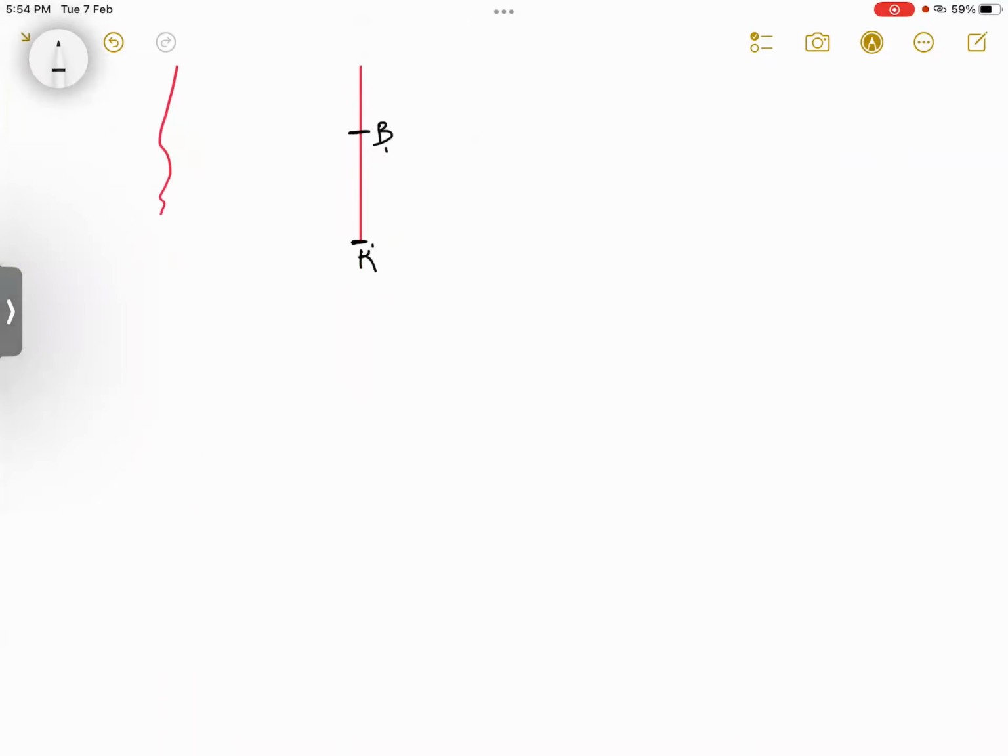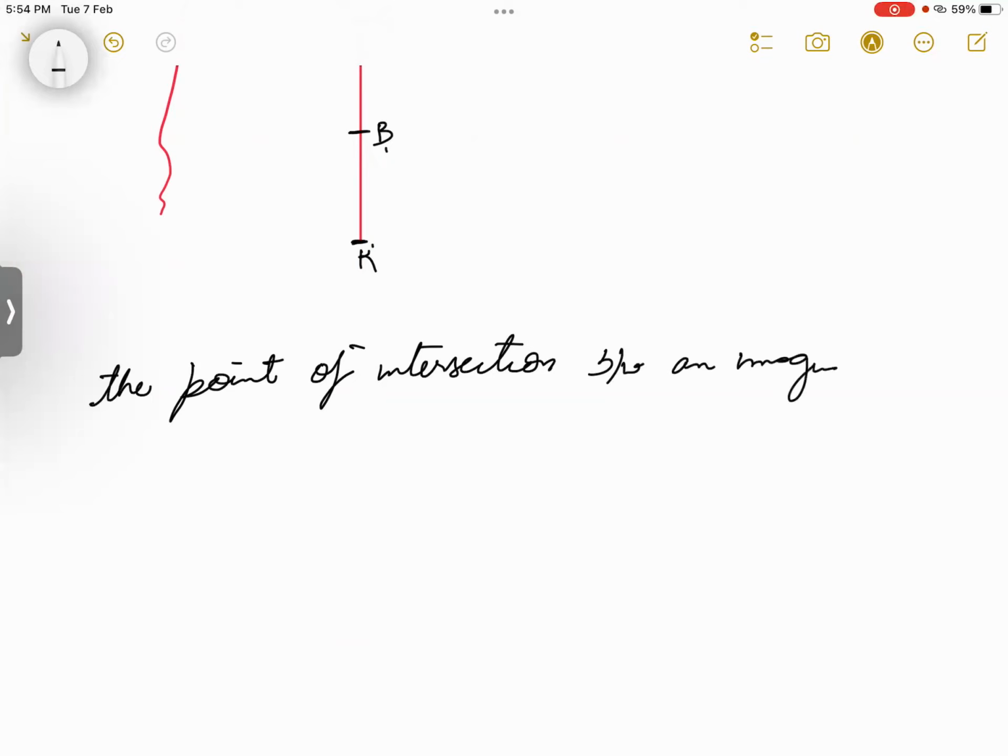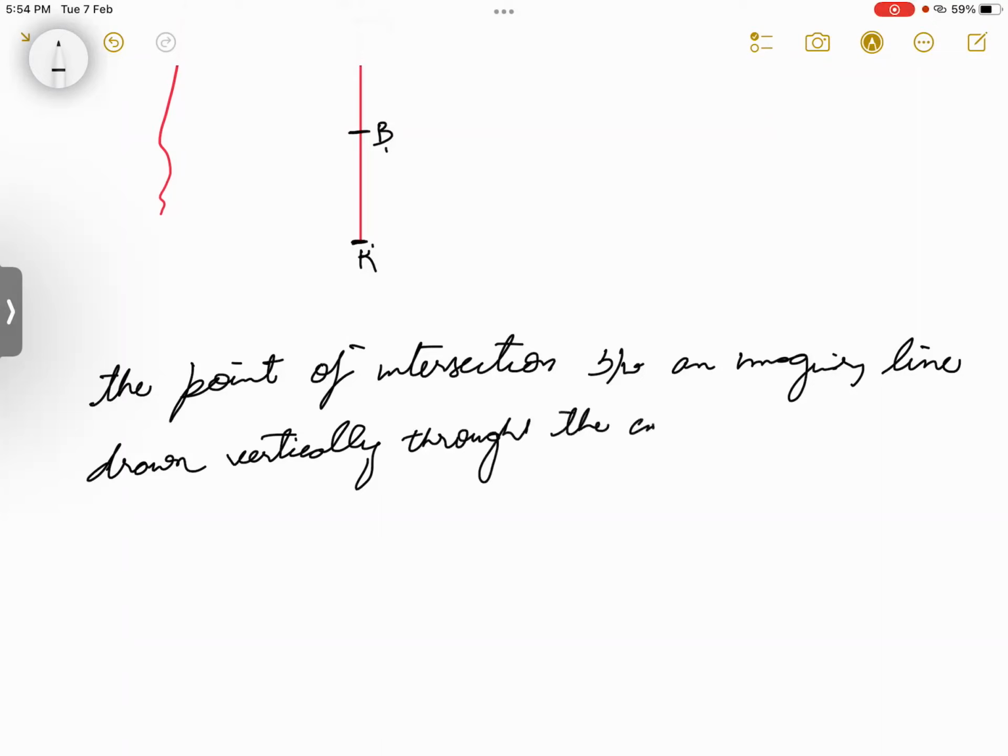Metacenter, the point of intersection between an imaginary line drawn vertically through the center of buoyancy, right?